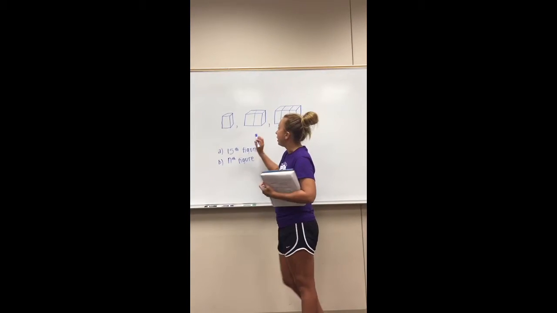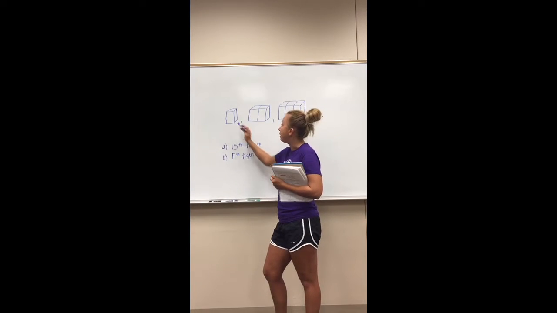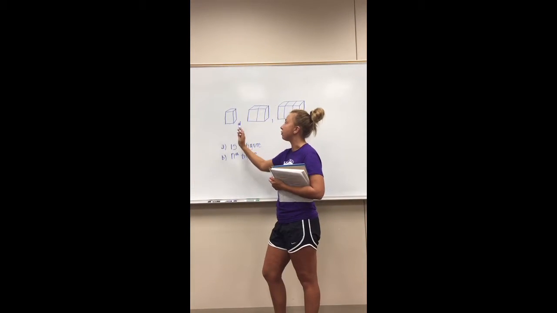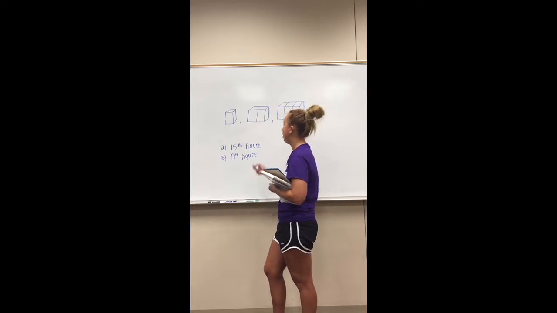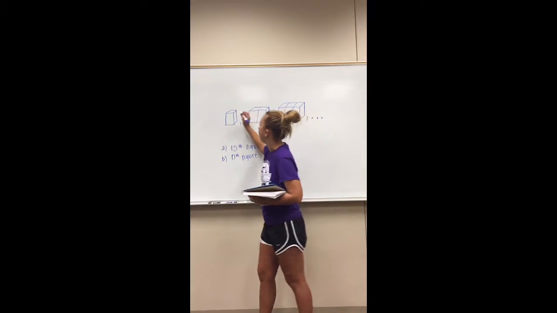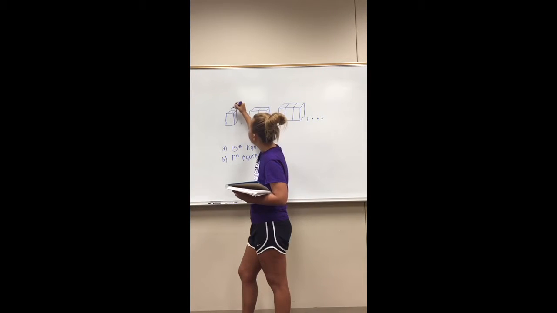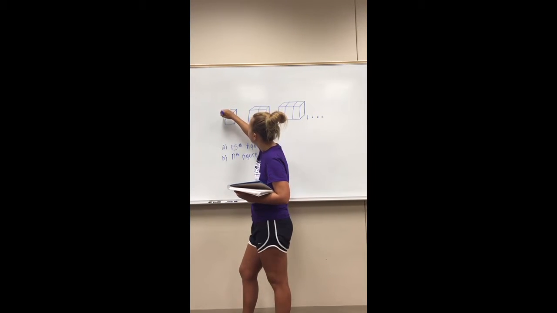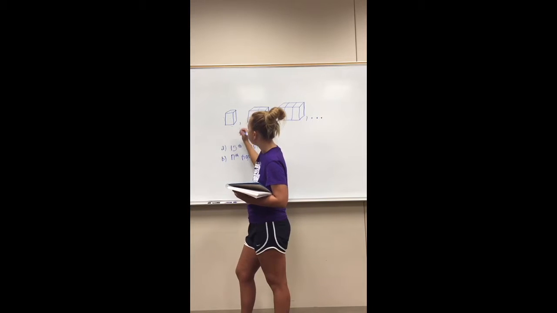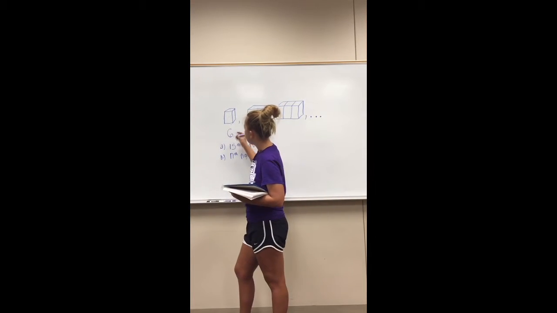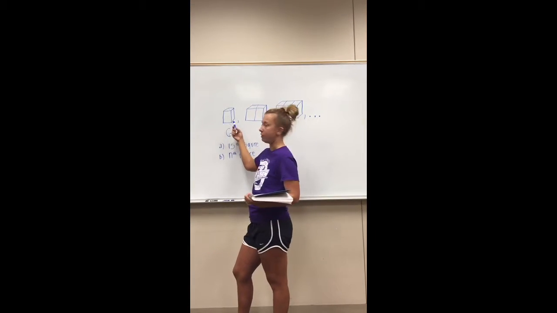We should probably start off by counting how many exposed surface sides there are in our first one. So first we're going to count it out to ourselves. It'll be 1, 2, 3, back 4, over here 5, under 6. So that shows that we have 6 exposed surfaces for our first figure.